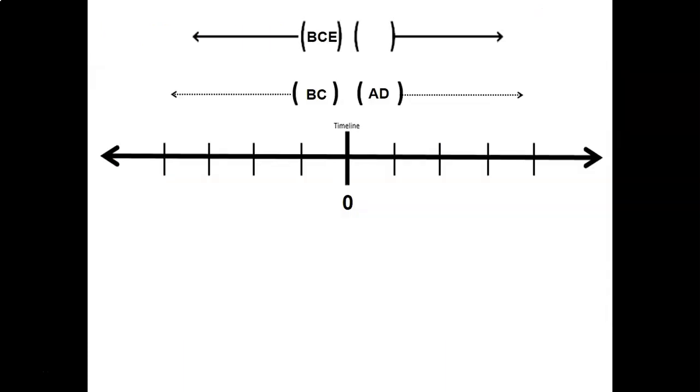So first of all, here's what your timeline's going to look like. Okay, what do these letters stand for? BCE means before the Common Era. CE means Common Era. Okay, so what's the deal? Well, if you notice, the 0 is in exactly the same place. Here's what's going on. First of all, the College Board says we no longer use BC and AD.